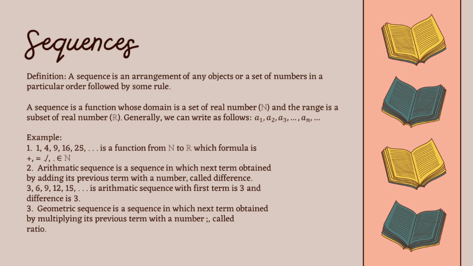Generally, we can write as follows: a sub 1, a sub 2, a sub 3, a sub n.